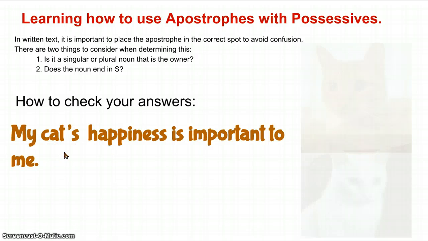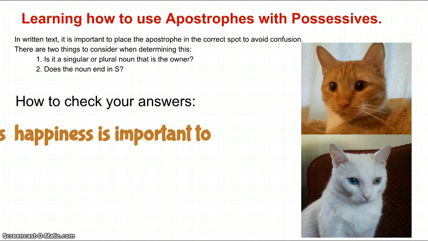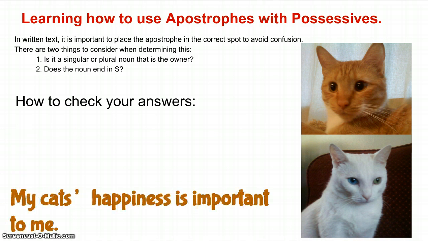What happens, however, when I add Rufus into the mix? Because both of them are important to me. Okay, same thing. You cover up what you've added to the word to show the possession. I'm going to cover up the apostrophe.